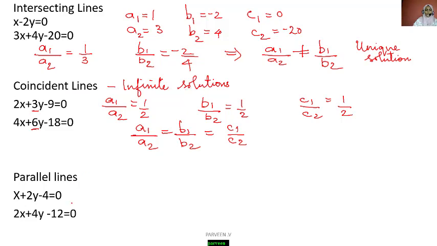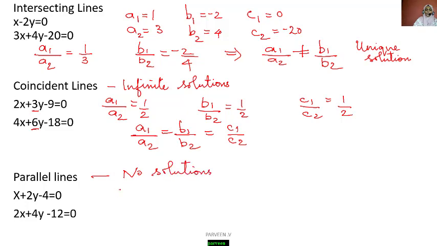The final pair which we considered was x plus 2y minus 4 is equal to 0 and 2x plus 4y minus 12 equal to 0, with parallel lines. When there were parallel lines, they were not meeting at all, so there were no solutions.